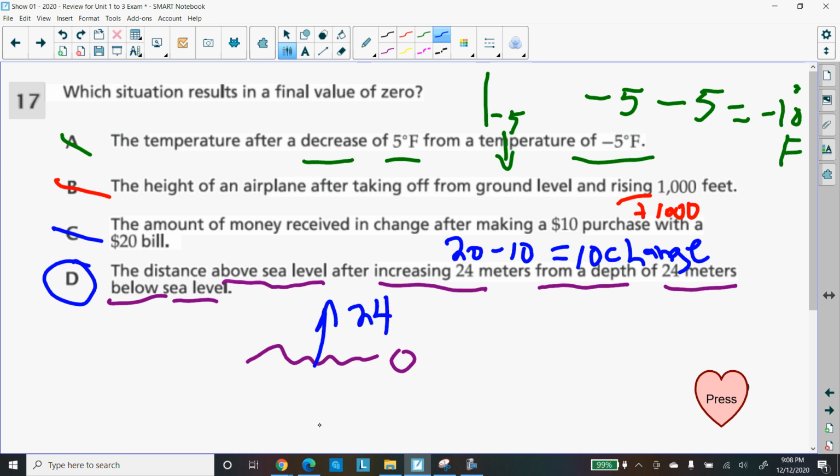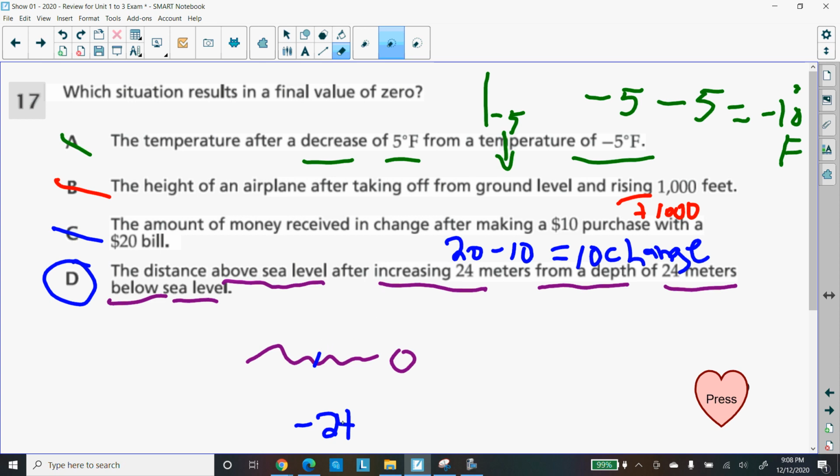It was at a depth under the sea of negative 24. So it was down there, under the sea level, and it went up 24. So it went up to the sea level. Let's erase that.